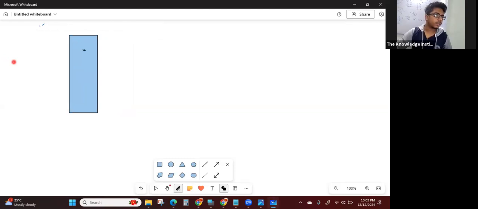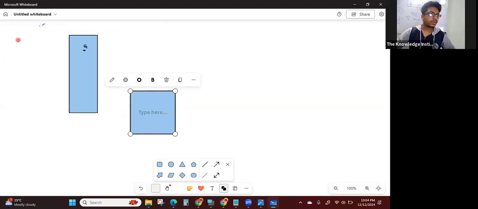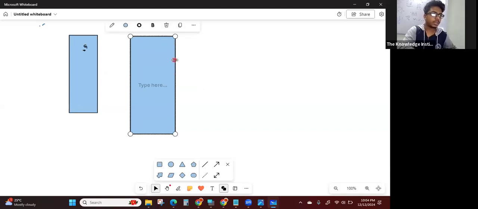So here's the center of gravity, G. Now I'll take the same object and tilt it.